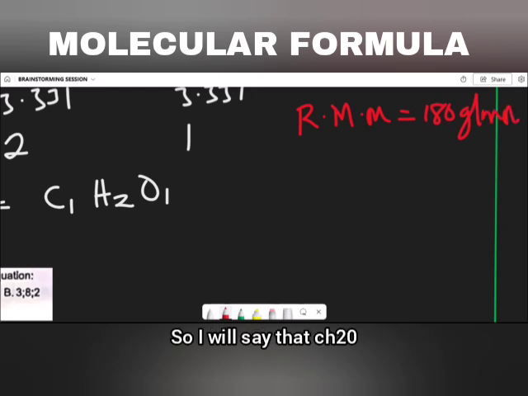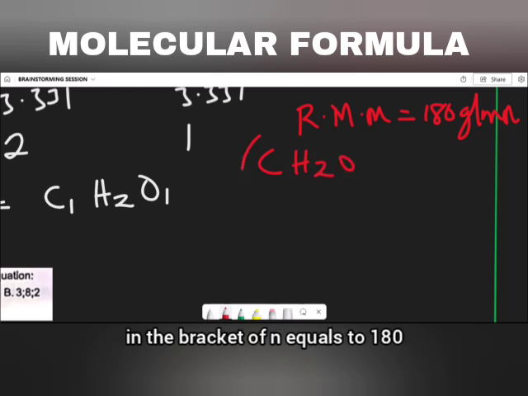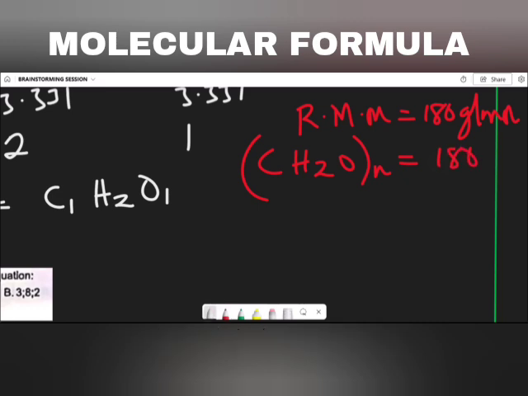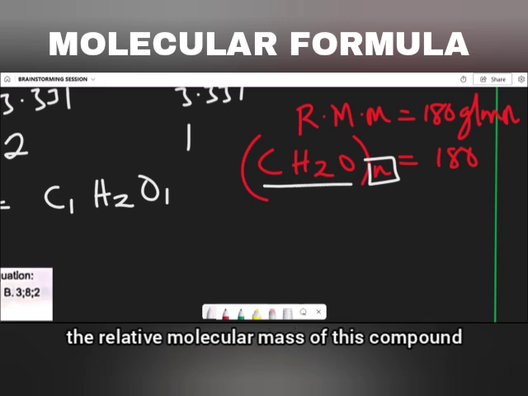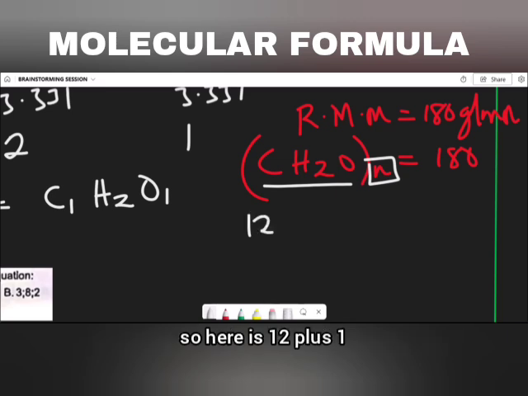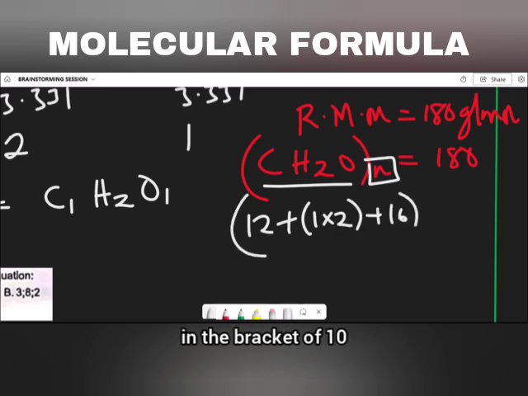So I will say that CH2O in the bracket of n equals 180. My goal is to get the value of n. And to get the value of n, I need to calculate the relative molecular mass of this compound. So here is 12 plus 1 times 2 plus 16 in the bracket of n equals 180.